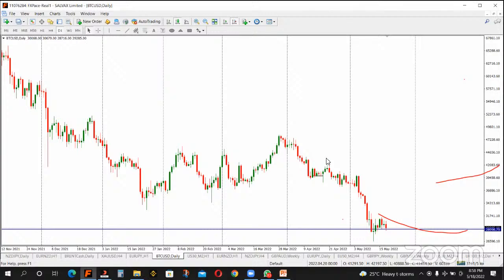A swing trader would use 20 moving average and 50 moving average.